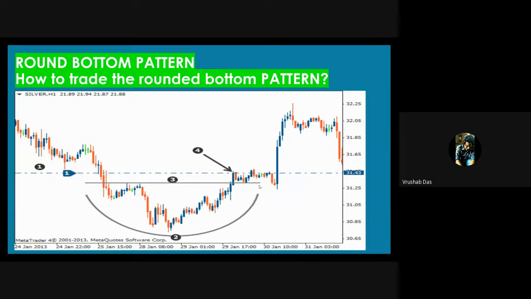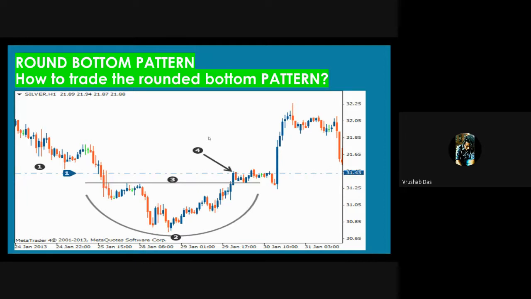Once the price breaks and the candle closes above the neckline, as you can see here, you can enter the market with a buy order. The chart shows the neckline being broken by the price. This is where the long traders can enter the market.